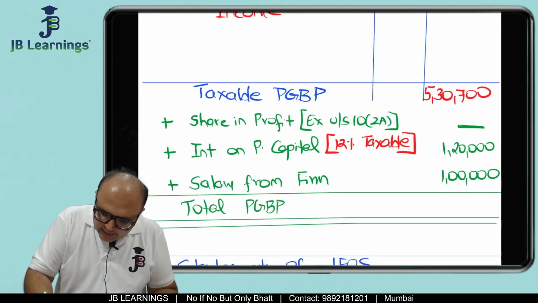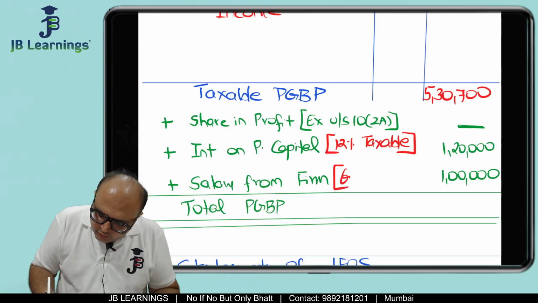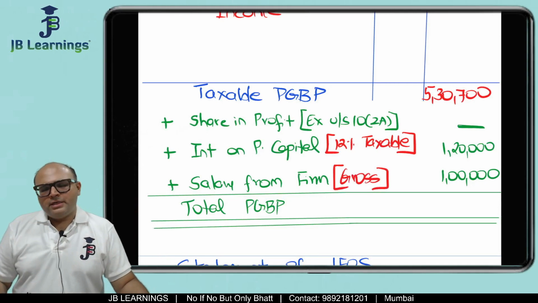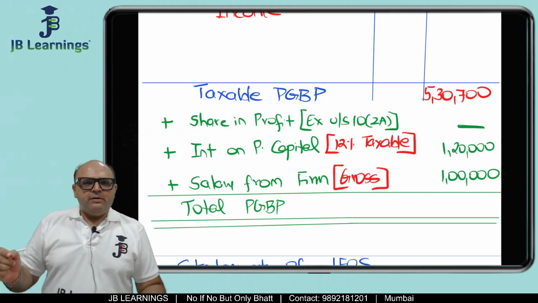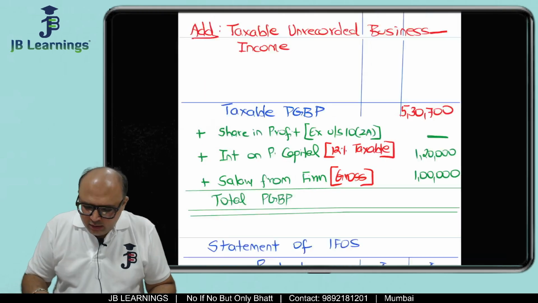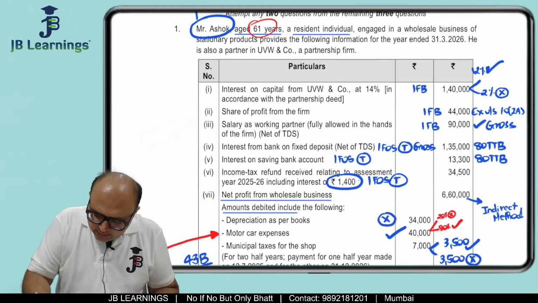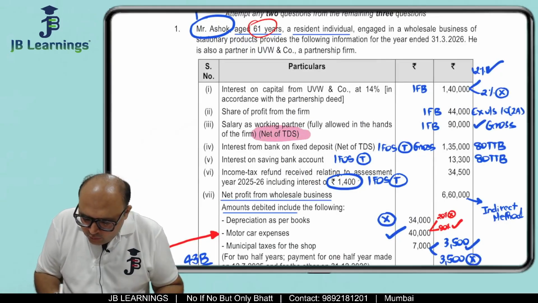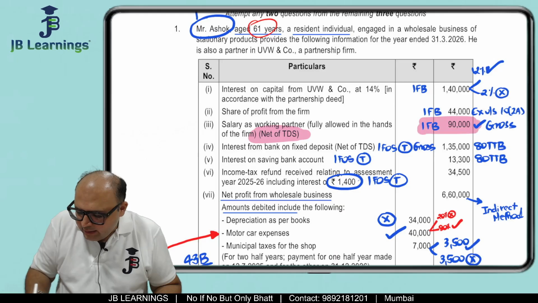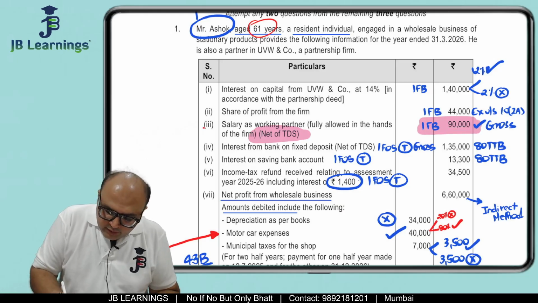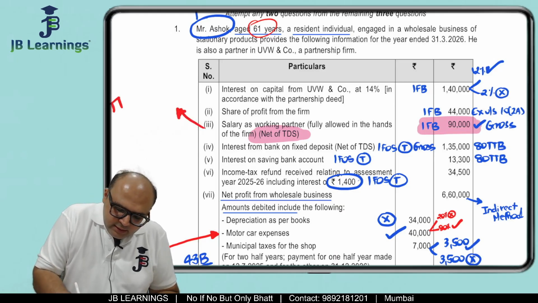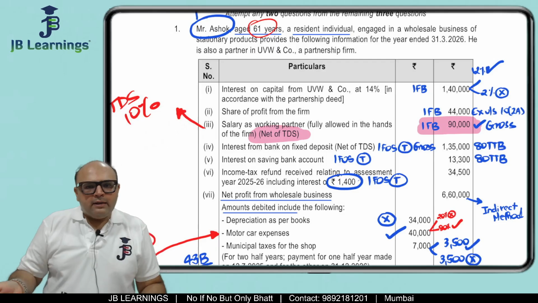Now share salary from firm, we have to do gross. So if you remember, salary partner one, there is one new section in which 10% TDS the firm has to deduct, correct? So this is net of TDS. So net amount is 90,000. Now we should have this knowledge that the new section says the TDS is 10%. So the gross has to be 1 lakh, right?